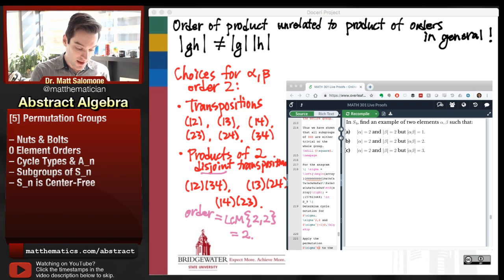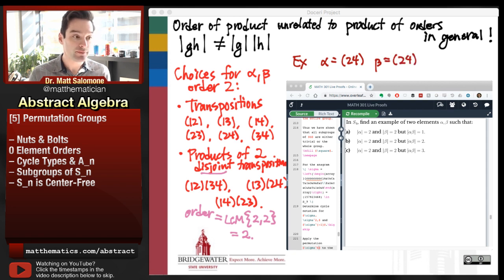And so if we were to choose alpha and beta to both be the same transposition, for example, if alpha is, say, (2 4), and beta is (2 4), then alpha and beta each have order 2, but alpha beta is the identity permutation. And so the order is equal to 1.